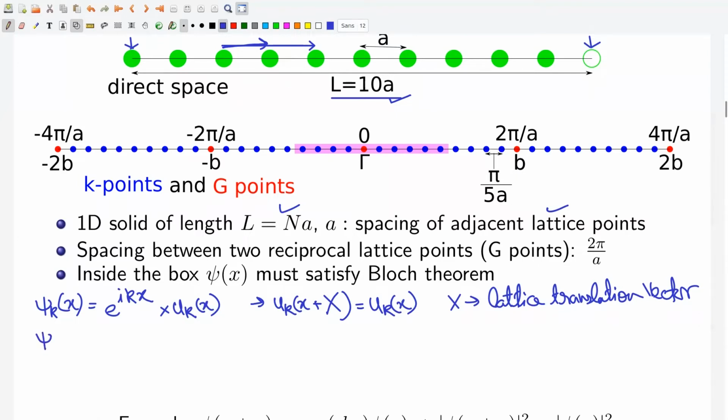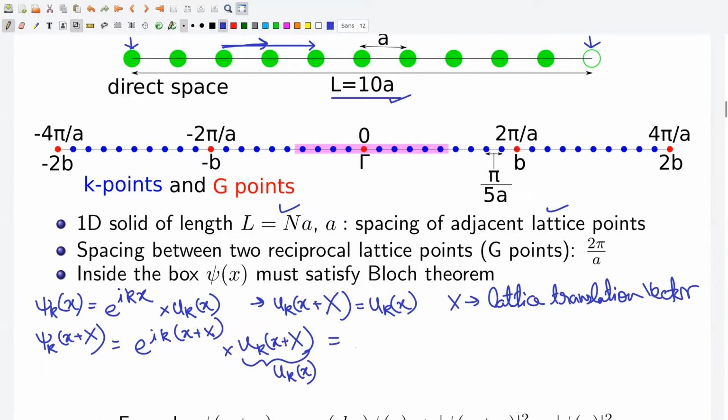Now we can write psi k of x plus capital X is equal to e power i k, and in place of small x, I am just going to write x plus capital X. Here also we write u k of x plus capital X. Now we know that this function small u has the periodicity of the direct lattice. So that means this term is equal to u k of x.